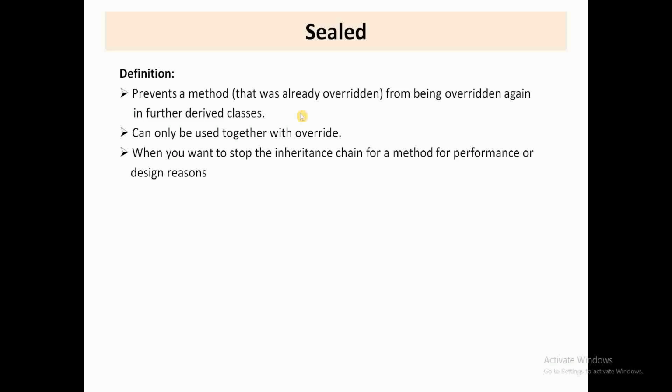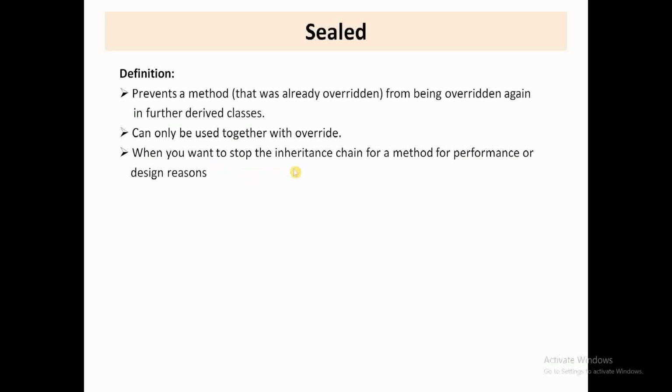We want to stop this derived class logic on that particular method. So we can put this sealed keyword on that method, so it will not inherit further. It will stop the derived class from further new implementation. It can only be used together with override. If we want to use this sealed keyword, we use it with the override keyword.